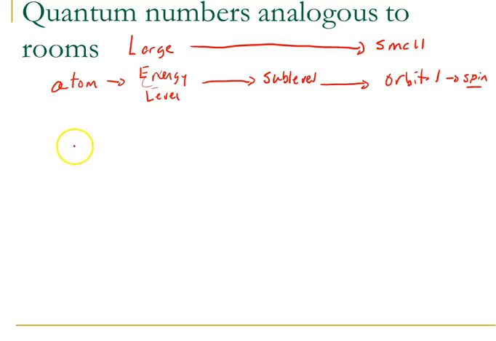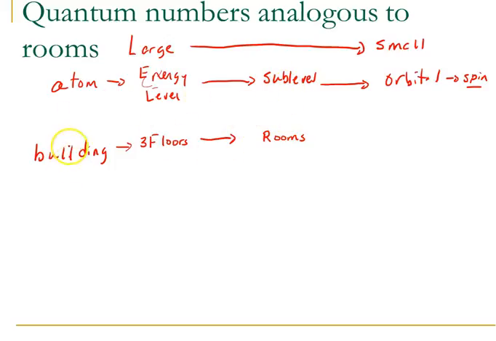We then get closer and closer, and we get some more detailed structure. And we realize that our building is maybe broken down into floors. And let's say 3 floors. So it's a 3-story building. And we then go inside the building, and we see that on each floor we have rooms. And these rooms are, of course, analogous to sublevels.